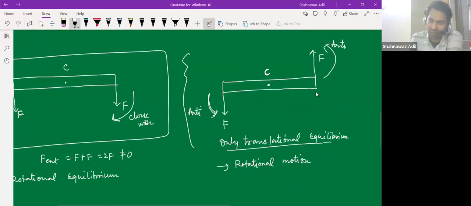This one has a line of action in this direction and this one has a different line of action. Both are not on the same line of action, right? If this force is acting downward along the same line, then it will not move. Both have to be on different lines of action. This is called the line of force or line of action.